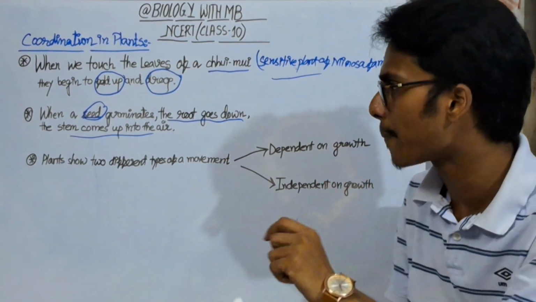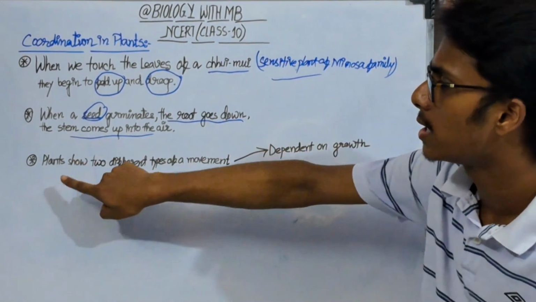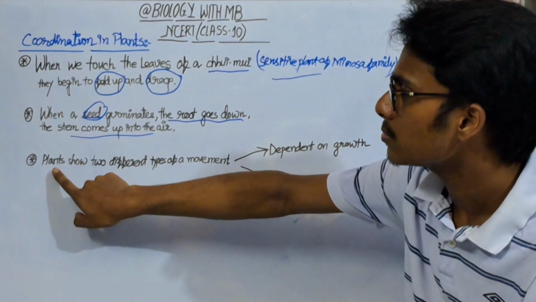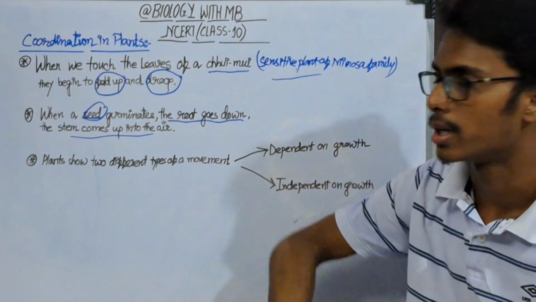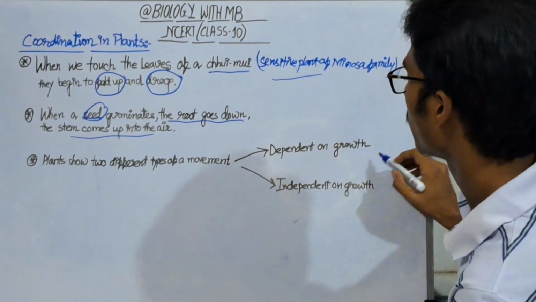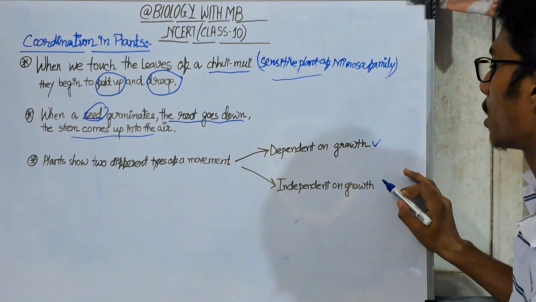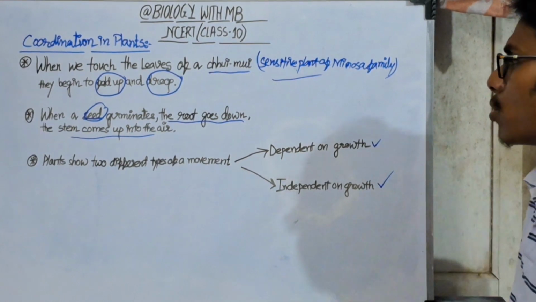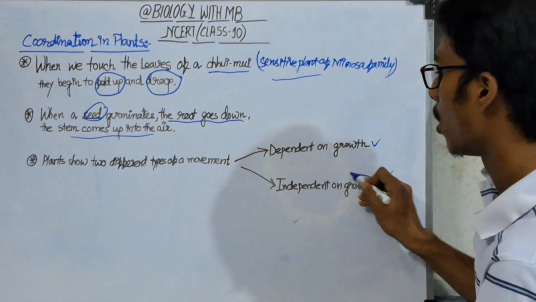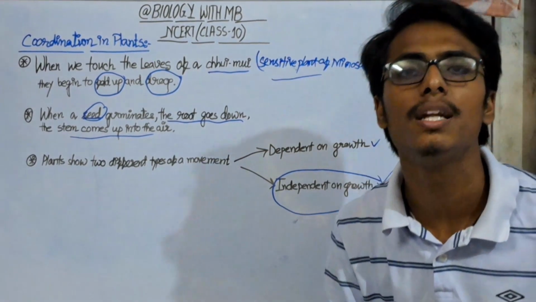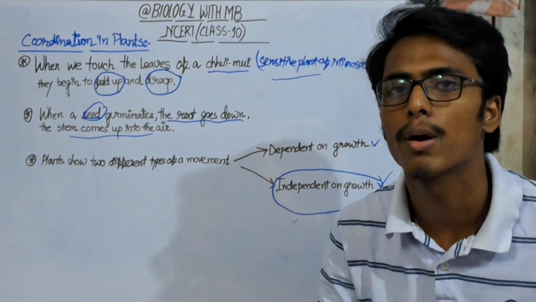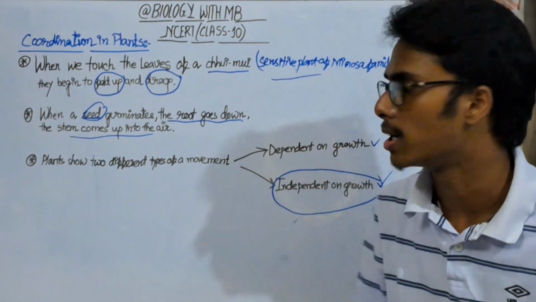Then we will see that plants show two different types of movement. Number one is independent of growth. Number two is dependent on growth. We will discuss first the independent of growth. Independent of growth is a normal process, a normal phenomenon.